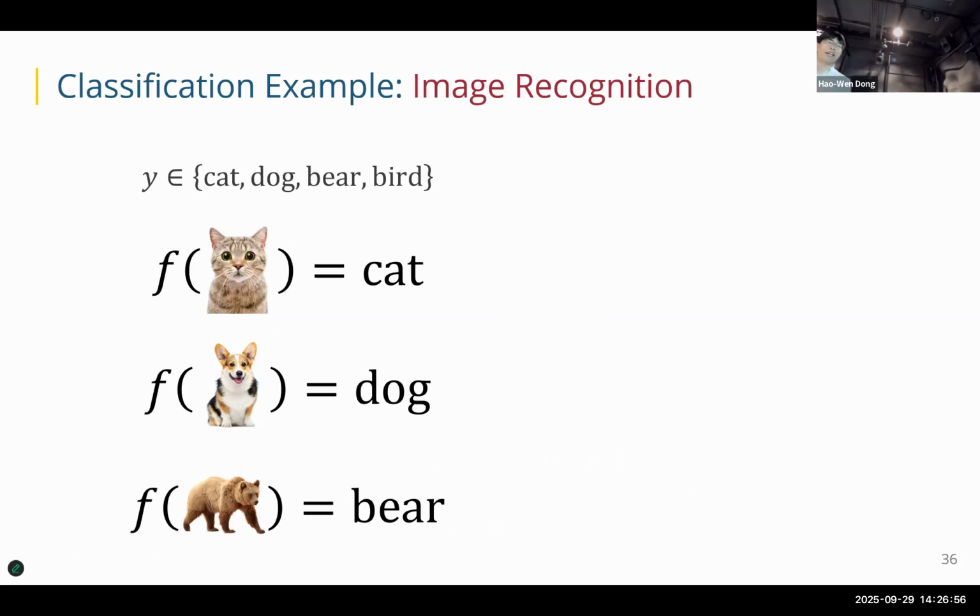For classification, I guess the simplest case is that we are doing some classification. So in this case, animal classification, the output would be either cat, dog, bird, or bear. So your function is just to look at this image and output what the category would be.